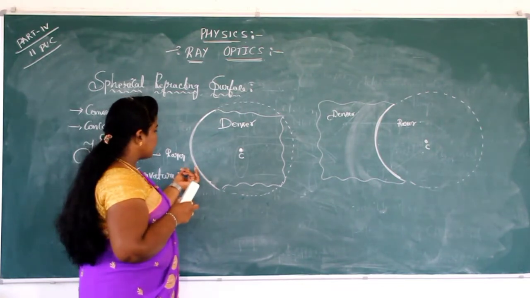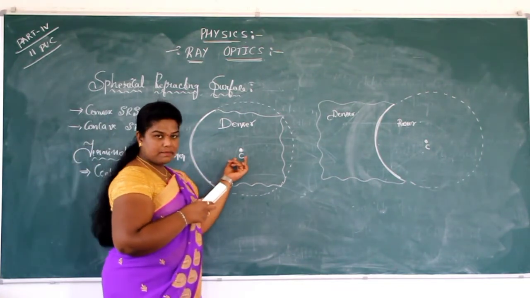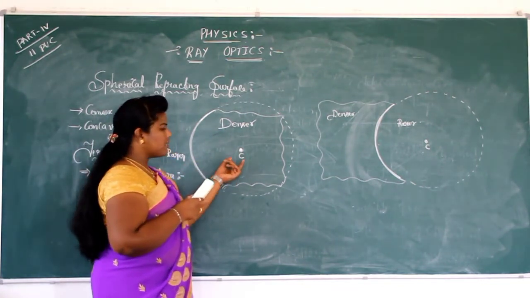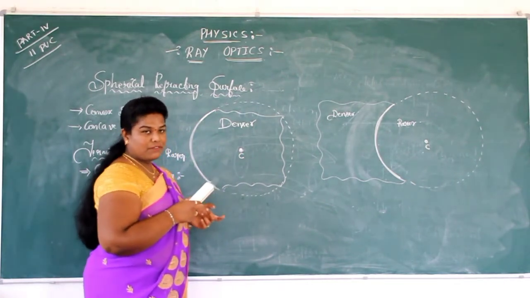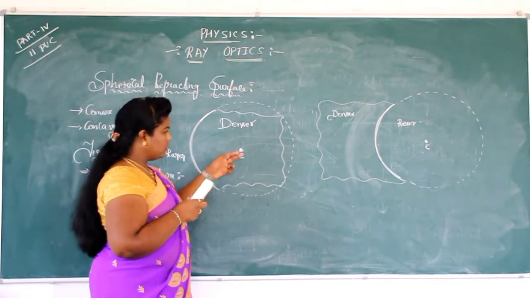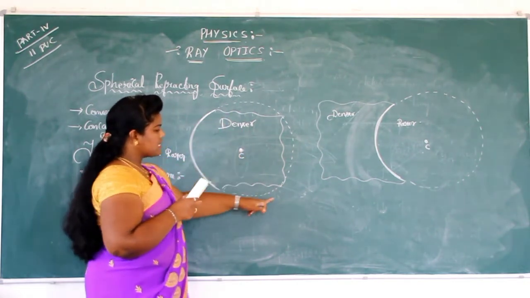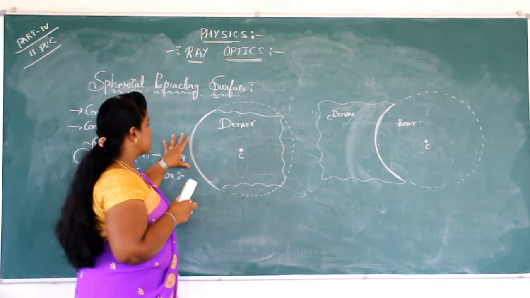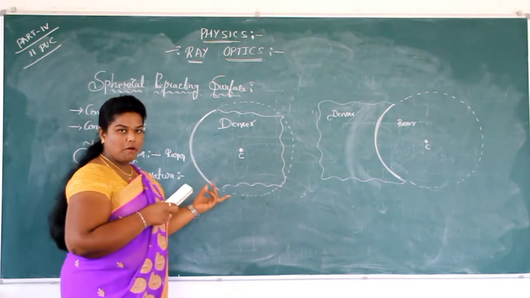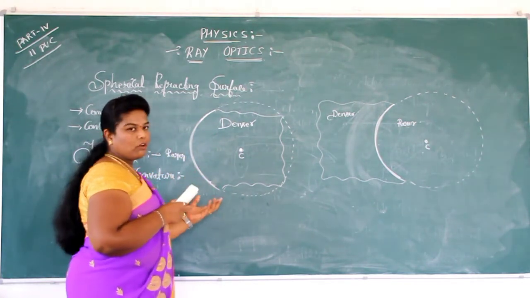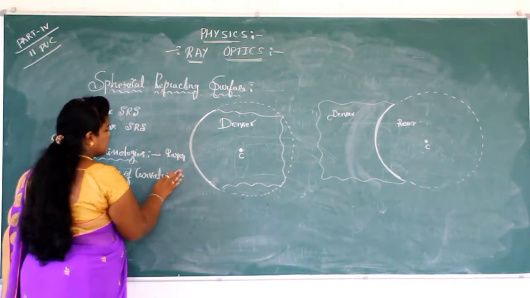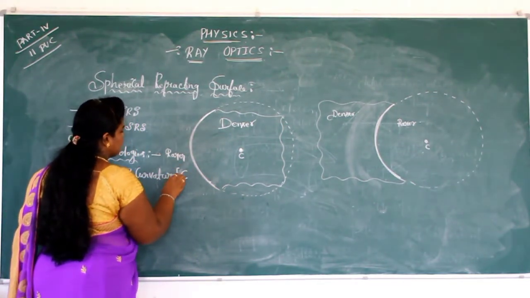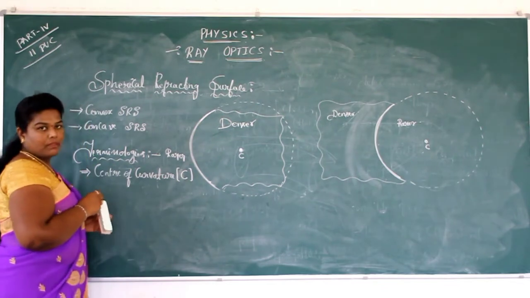Because the spherical refracting surface has the same center, and similarly the sphere has the same center. So I can easily define center of curvature as the center of this entire sphere of which the refracting surface forms a part, whether it is a convex or a concave refracting surface. The center of curvature is represented by the symbol C.